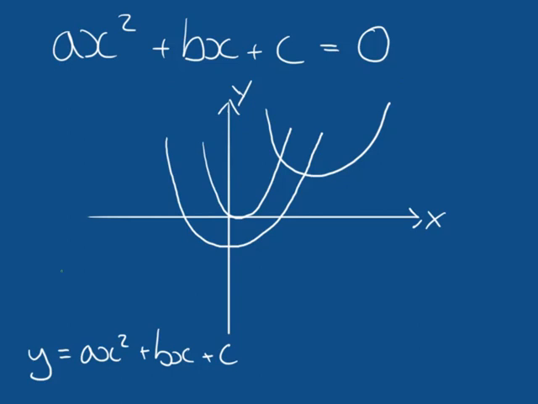And if we make that equation equal to y, we're able to graphically represent it, and it allows us to determine where our x values are that solve our equation, because it's the values of x where the curve cuts the x-axis. So, in other words, if we were to solve our quadratic equation, we're looking for these values where the curve cuts the x-axis. So let's actually move on to solving that equation.